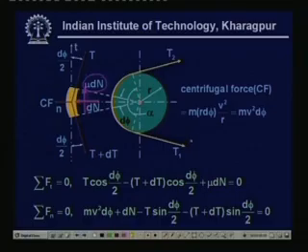and that you know, I need not explain, where mu is the coefficient of friction. So, mu dN is a frictional force acting onto this one, and here is the centrifugal force due to the motion of the belt.